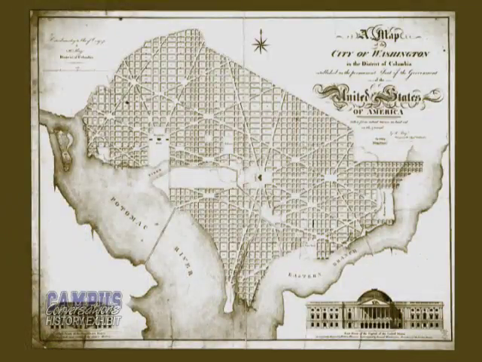Well, the exhibit begins with the founding of the city and the Residence Act and how the District of Columbia was created through secession of land from Southern Maryland and Northern Virginia to create this federal district.